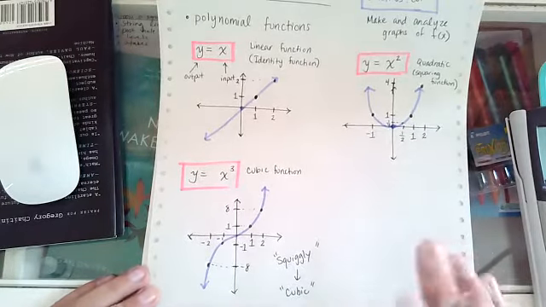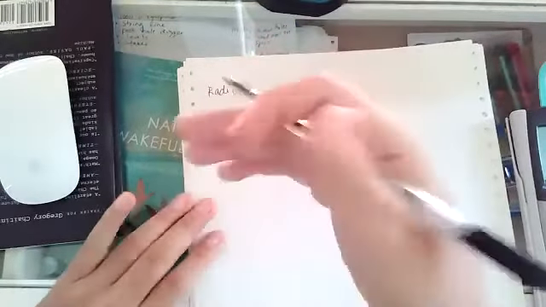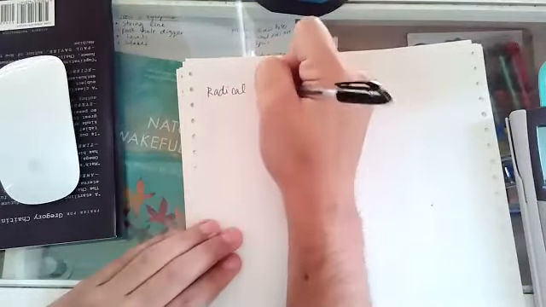There are a couple of non-polynomial functions that we're going to have to get used to as well. So let me introduce a couple of radical functions or root functions, just so that we can get an idea about what these guys look like. Because I'll show you a graph and I'll say, okay, what is the parent function for this graph? And you'll have to tell me one of these options. So here's some radical functions.